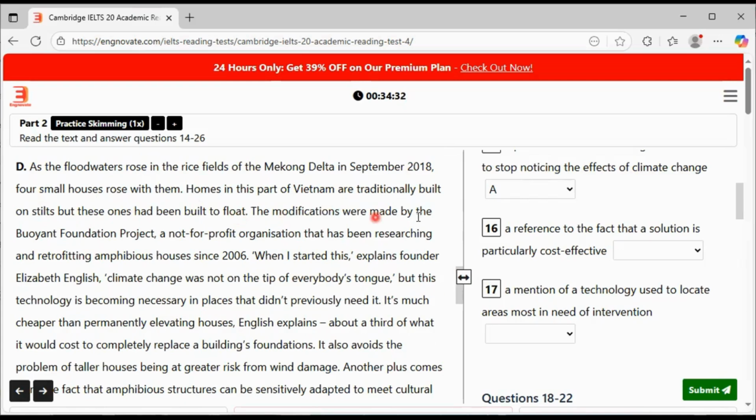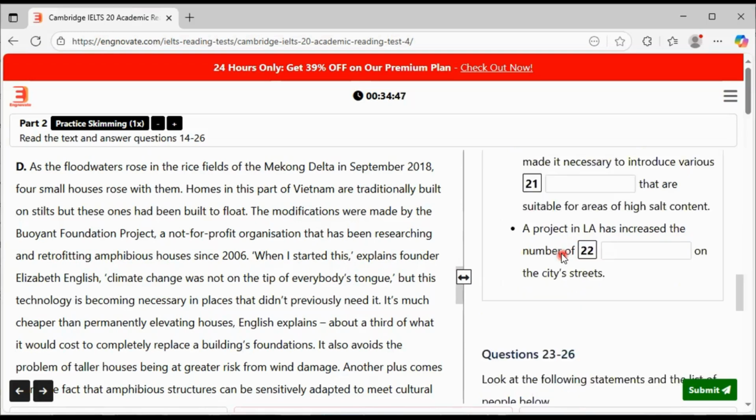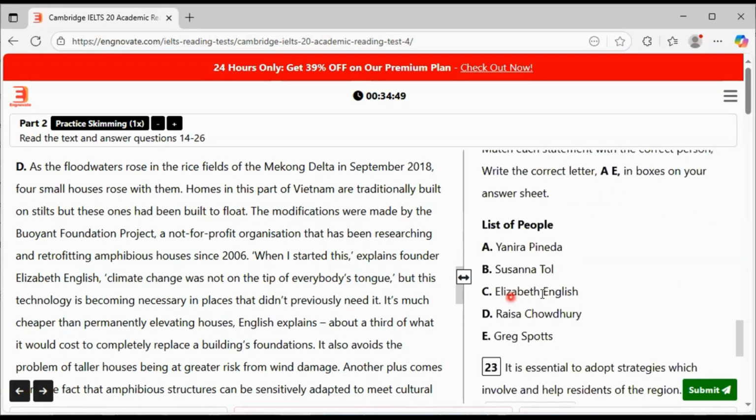Modifications were made by Buoyant Foundation Projects, a not-for-profit organization that has been researching and retrofitting amphibious houses since 2006. When I started this, explains founder Elizabeth English. Let me see. Elizabeth English. Yeah, that name is here. Climate change was not on the tip of everybody's tongue, but this technology is becoming necessary in places that didn't previously need it.